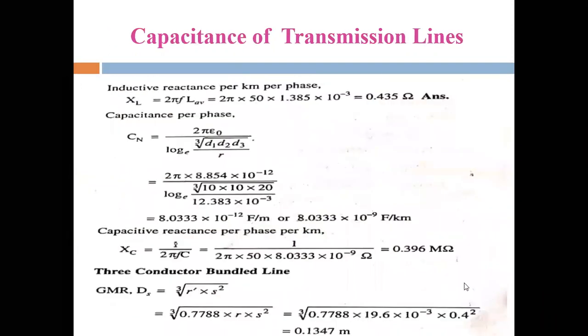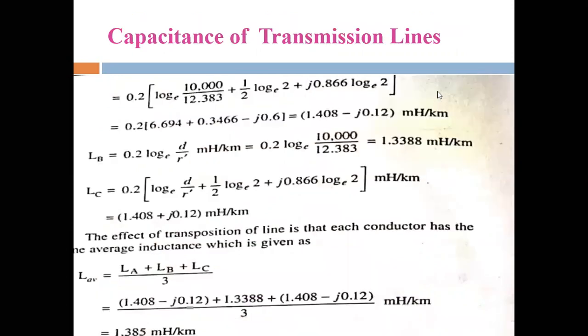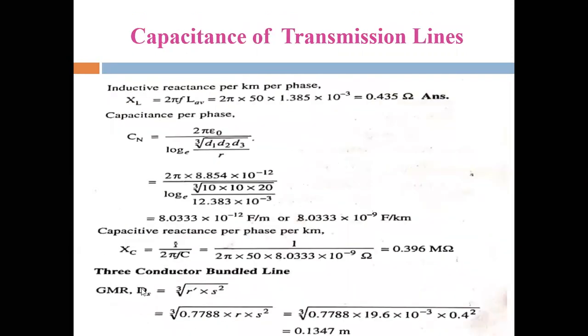It is converted into meters because the radius is also in meters. The radius value is 15.9 millimeters, which is also converted into meters, and so r dash is converted into meters. Then we obtain Ds, the self GMR, which is the cube root of r dash into s squared, where s is the space between the bundled conductors.